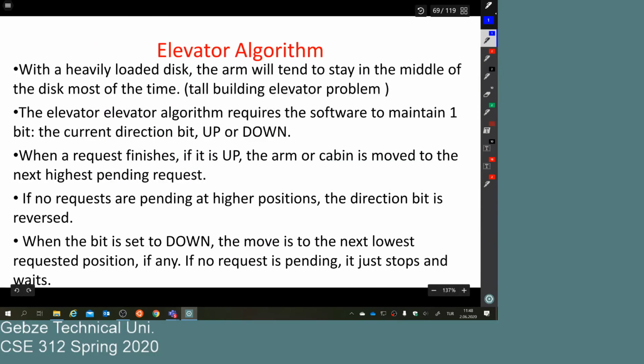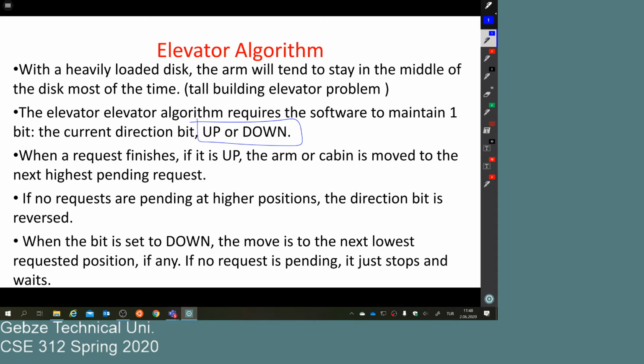So let's look at this. With a heavily loaded disk, the arm will tend to stay in the middle of the disk most of the time if you do shortest seek first. With the elevator algorithm, there are two directions, up and down. It goes up until it hits the top of the building, and goes down until it hits the bottom.